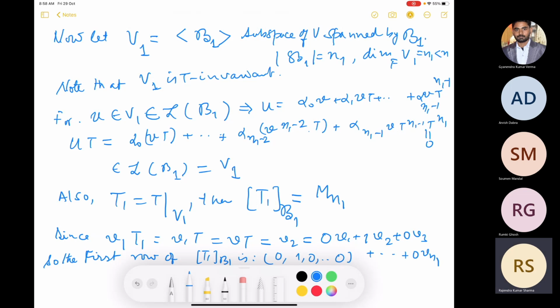Likewise, you can write the other rows also.